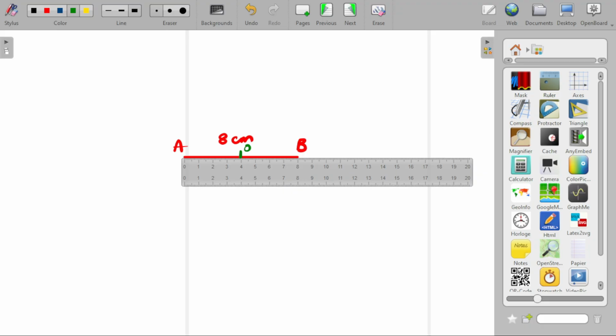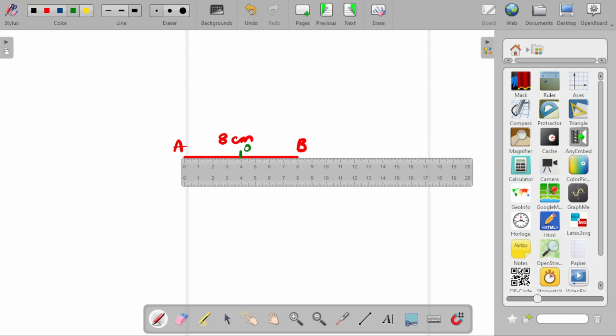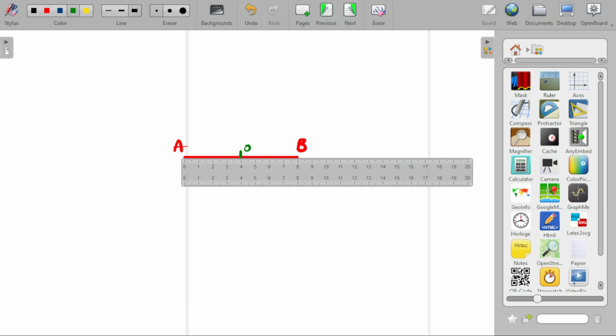I'm just erasing a portion because I need it for something. This is 8 centimeters, I'm writing here.